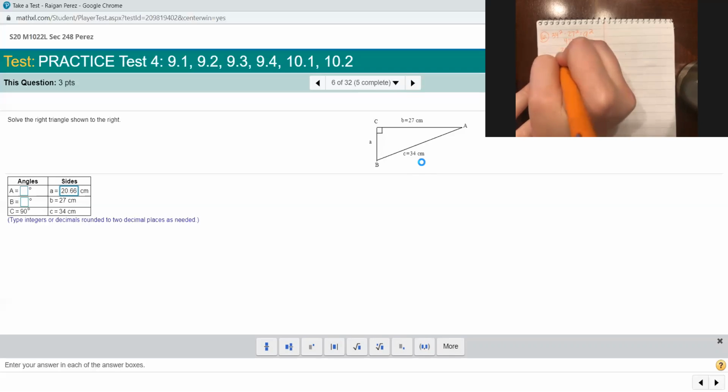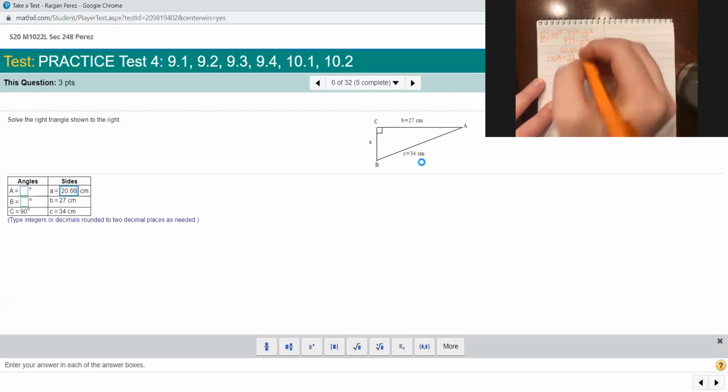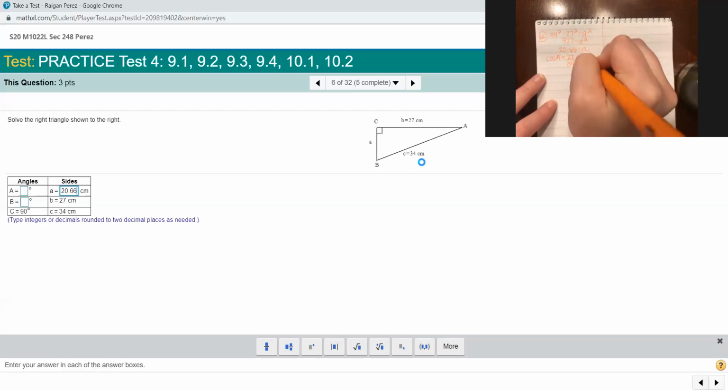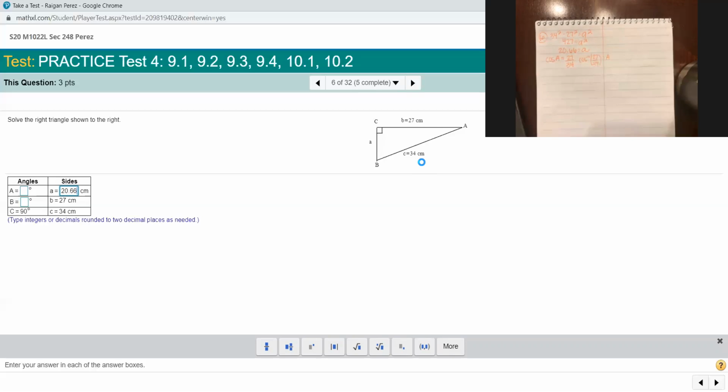So cosine of A is equal to 27 over 34. So you're literally just putting in cosine inverse 27 over 34 in your calculator. And I got 37.4 is equal to angle A.